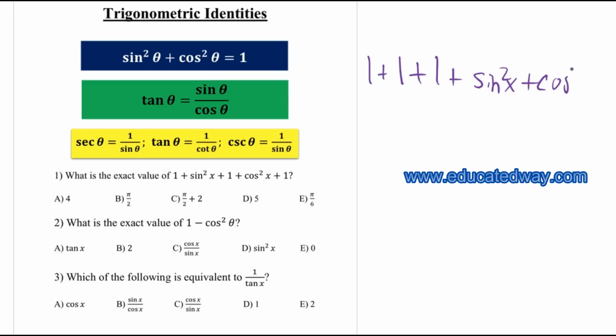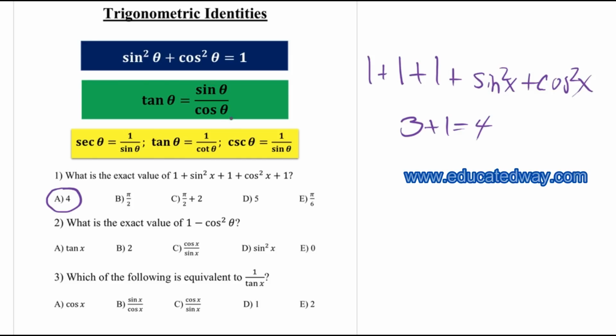Just changing the order. And that's simple. 1 plus 1 plus 1 is 3. And sine squared x plus cosine squared x equals 1 from our trig identity. 3 plus 1 equals 4. Answer choice A.